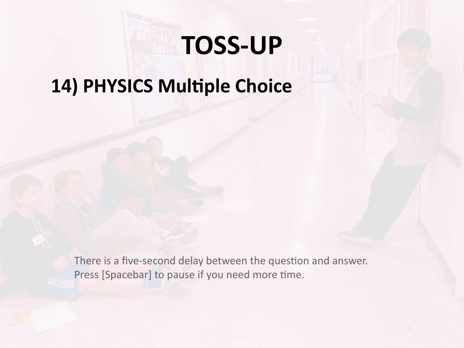Toss-up 14. Physics. Multiple choice. 100 resistors have minimum, mean, and maximum values of 110 ohms, 150 ohms, and 300 ohms, respectively. If all 100 resistors are connected in parallel, which of the following ranges could contain the equivalent resistance? W, the provided information is insufficient to answer the question.